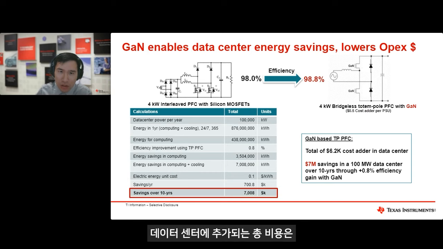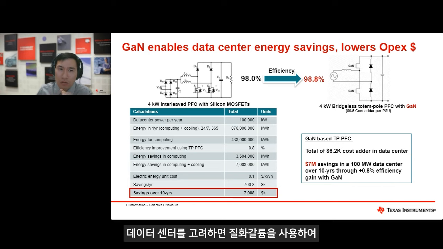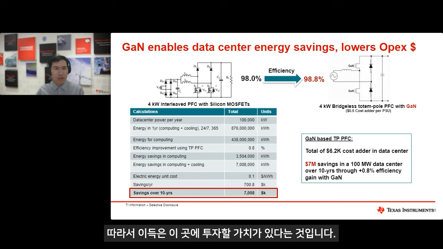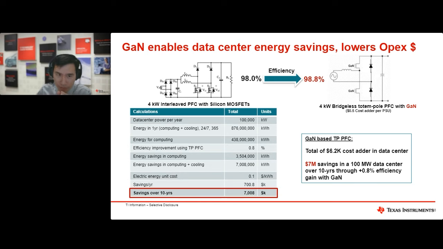The total of that will be only $6.2K cost added in the data center. But if you consider a 100 megawatt data center over 10 years of operation, that's $7 million savings for this 0.8% efficiency gain with gallium nitride. So the gain is definitely worth the investment.